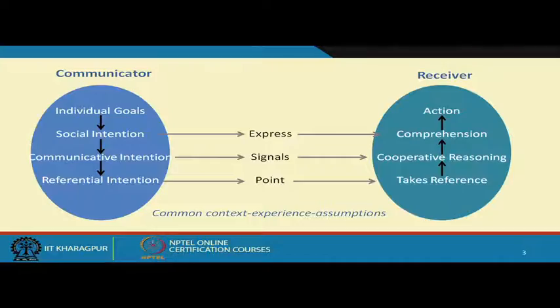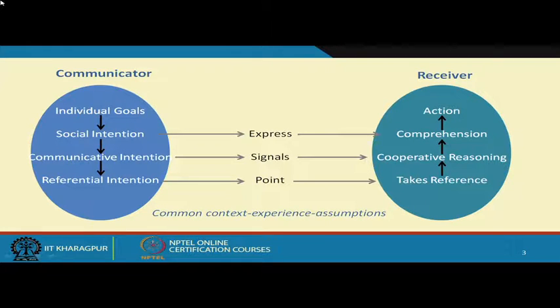So hope this particular part of the model is clear, where we are trying to establish social intentions and their communication. Let's look now at what is the next level of communication which takes place. Once the social intention is realized, the next level of communication which happens is that of communicative intentions.